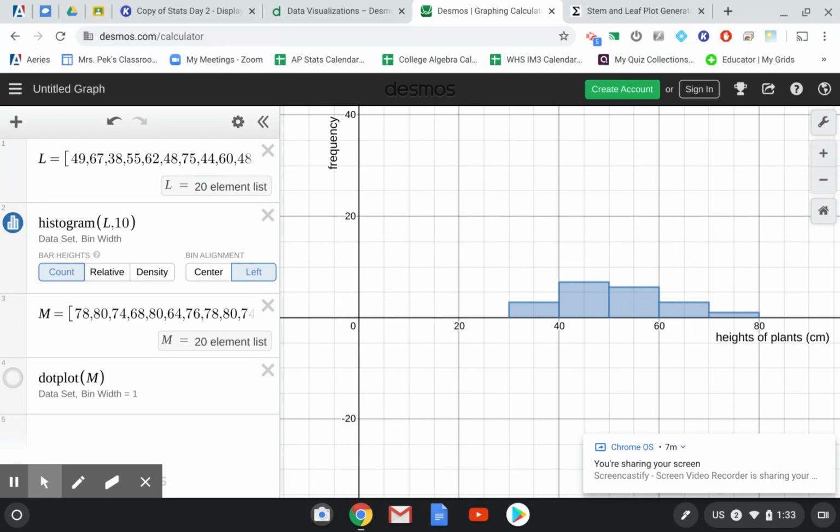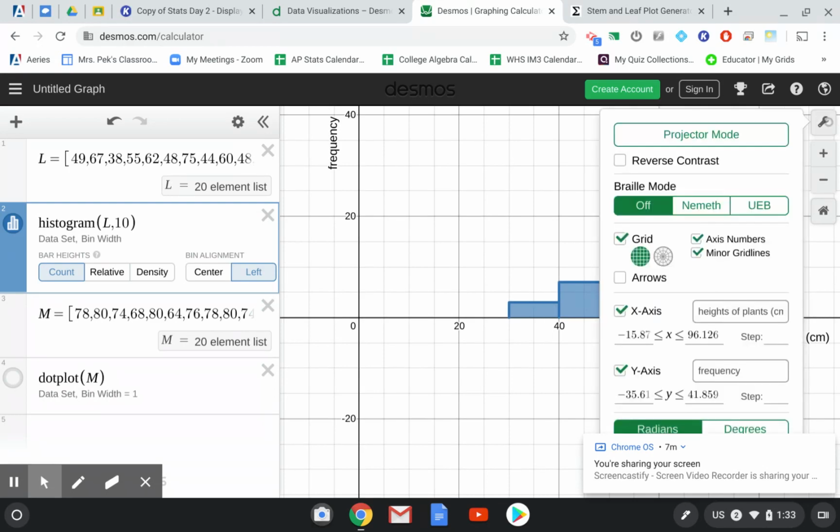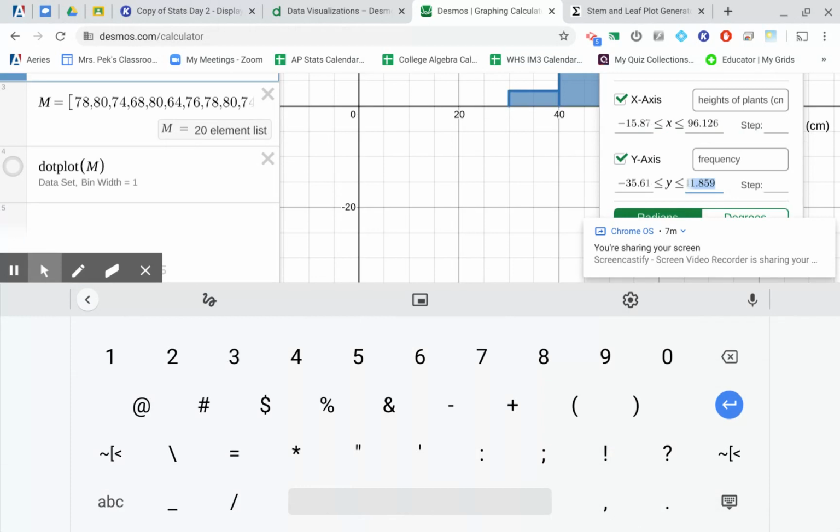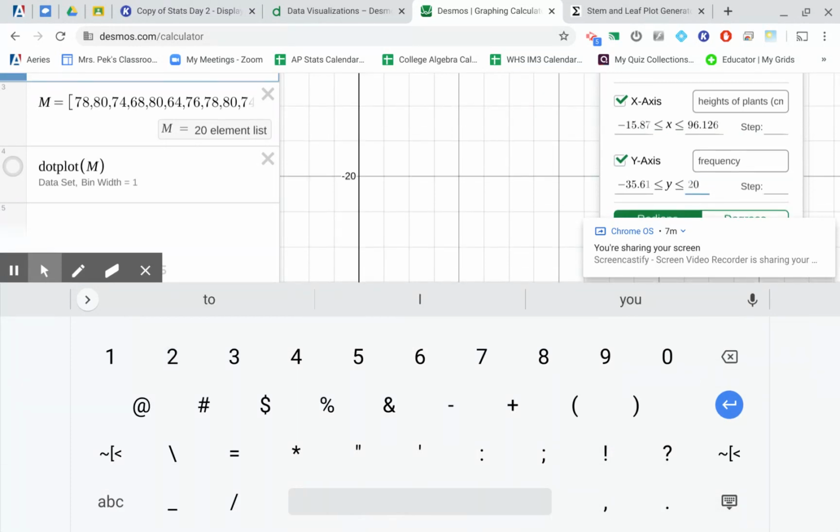We've got increments of 5 here, and it's hard to tell exactly what this height is over here. So maybe I want to make this a little easier to read. I don't need my y-axis to go up quite as much, so I'm going to make it go up to just, let's call it 20. I don't need it to go down to negative 35.